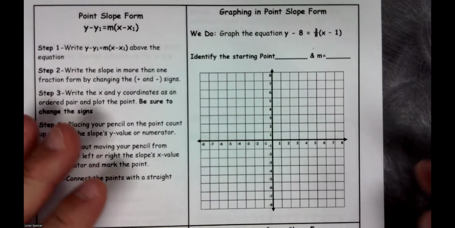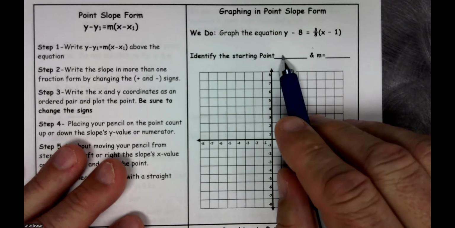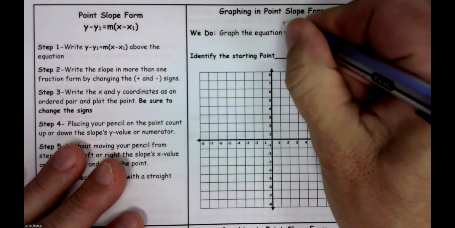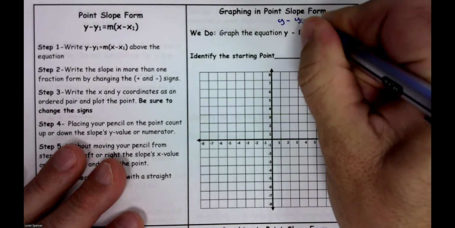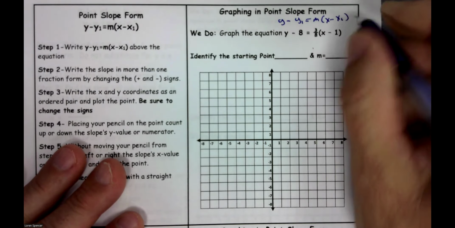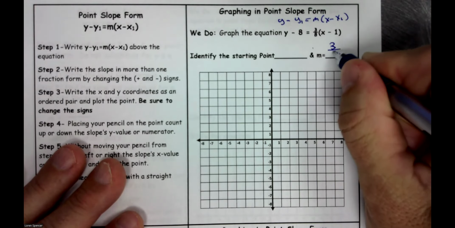Okay, in this case, they've given us the equation, and we need to identify the starting point and M and graph it. So my equation is y minus y1 equals M times x minus x1. Oh, well, that means my slope is 3/8. So that's easy.